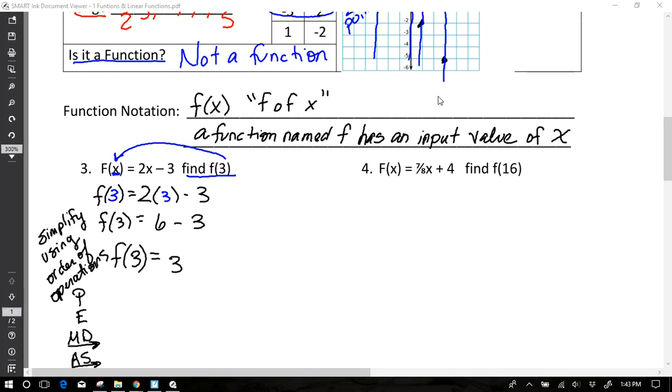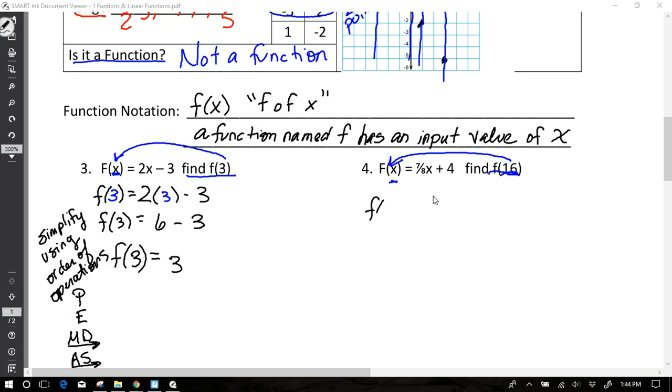Let's just do it together because I see the fraction and I know that you guys get very uncomfortable with fractions. So what we're going to do is take this x value, and this f of x, is 16, and we're going to replace the x with 16.